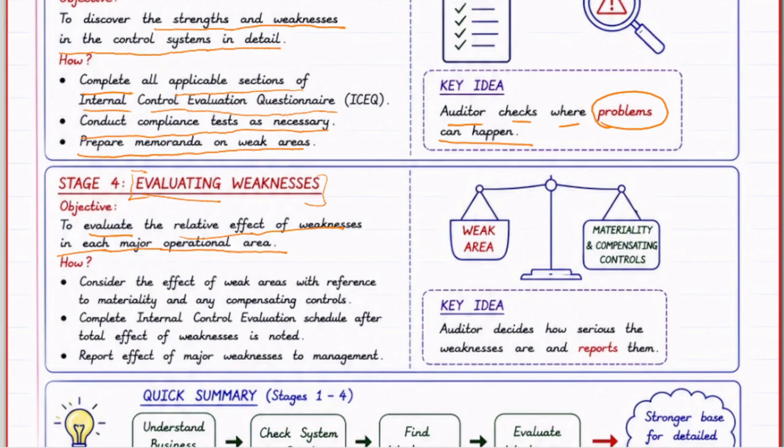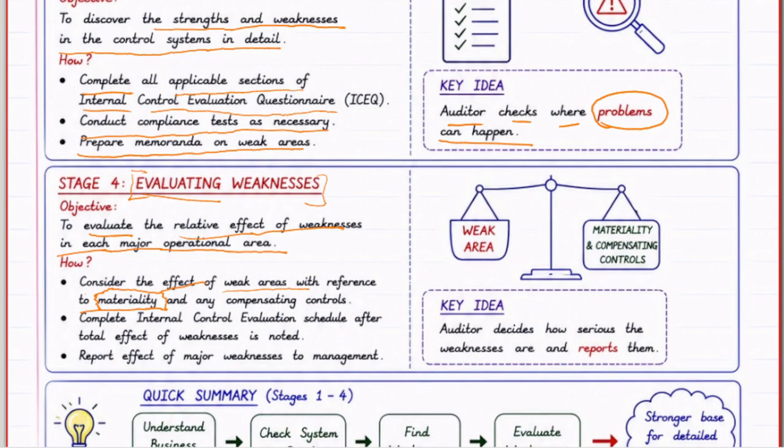So how is this being achieved? Consider the effect of weak areas with reference to materiality. And what do we mean by materiality? An error that is significant enough to distort the financial statement. Okay? To distort the financial statement.